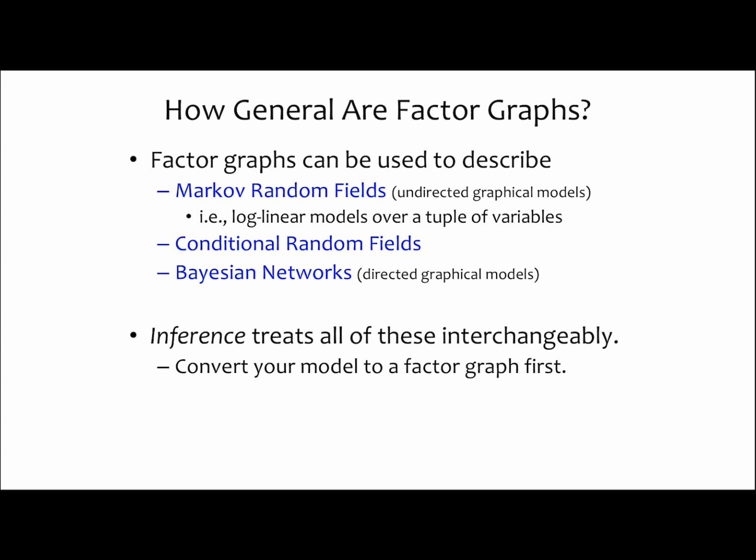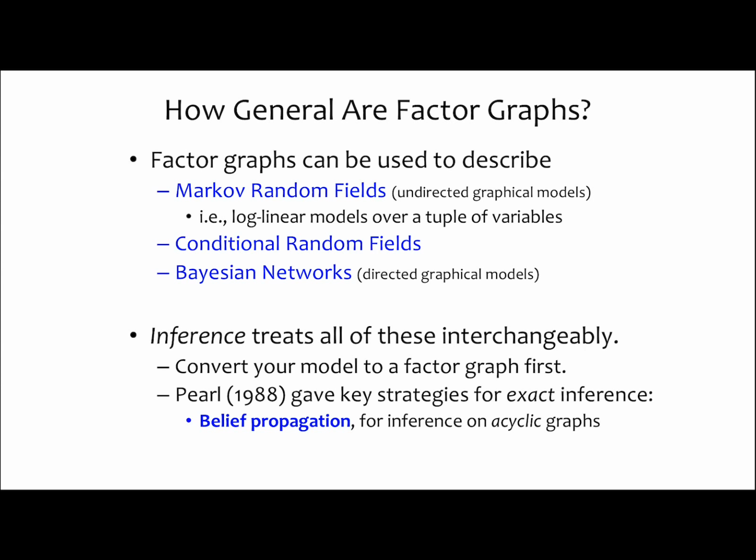It was introduced by Pearl in 1988. We are going to talk about belief propagation or message passing in acyclic graphs, and then later on say how this notion can be extended.